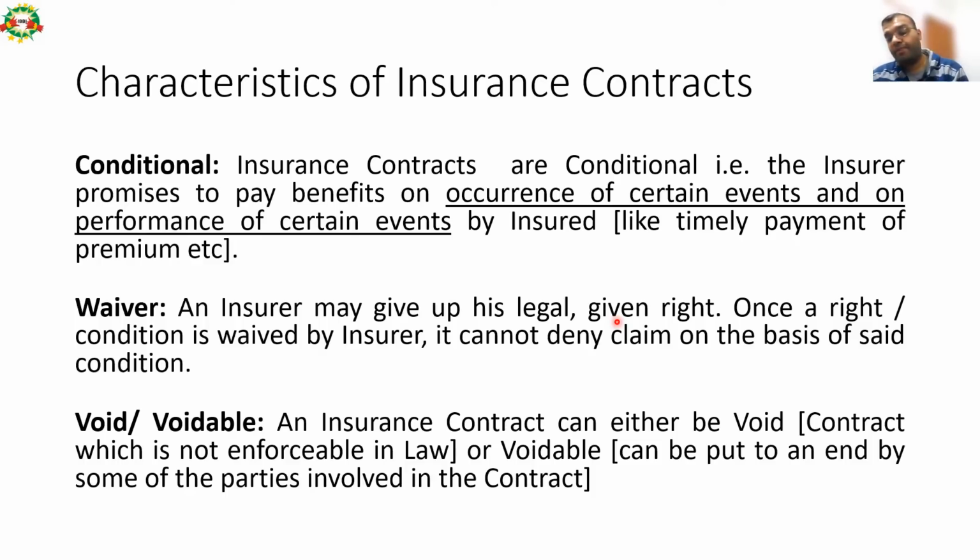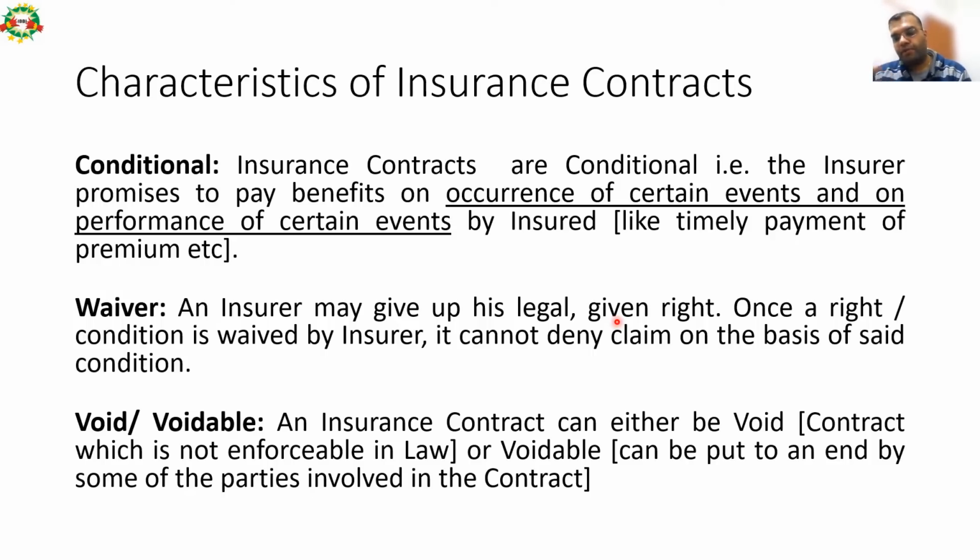Say for example, I'm planning to buy an insurance policy from a company, and I request the company to make some amendments in one or two conditions. In the case of large insurance policies, insurers normally customize their policies.